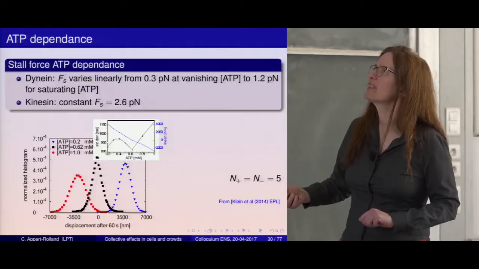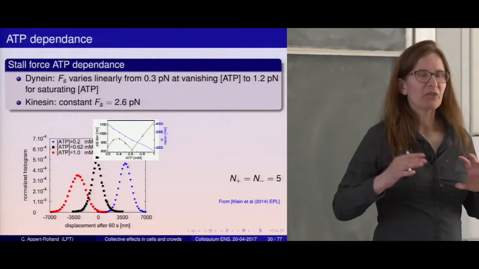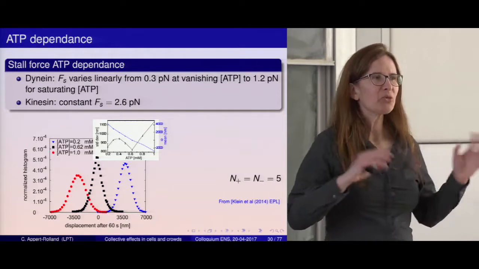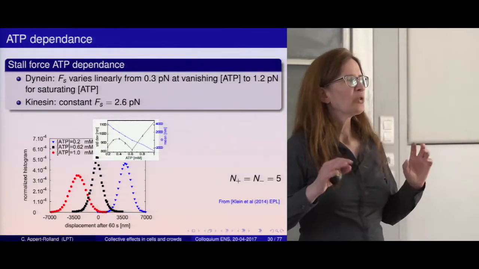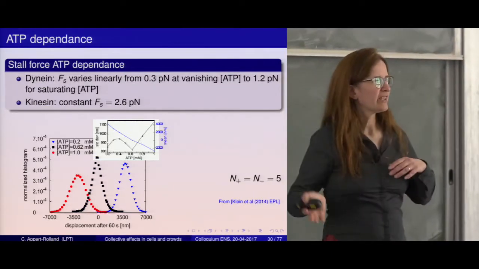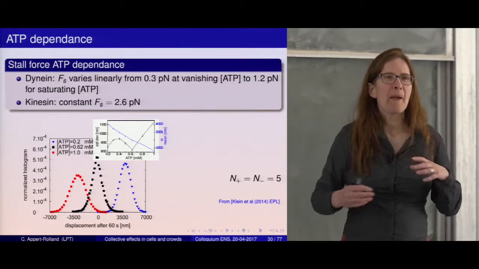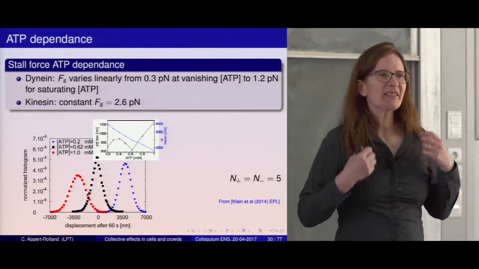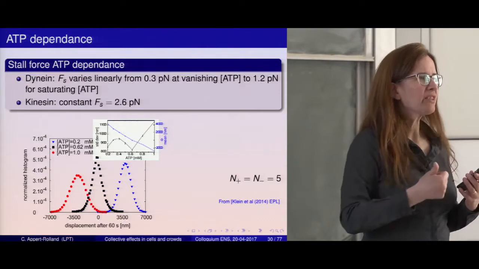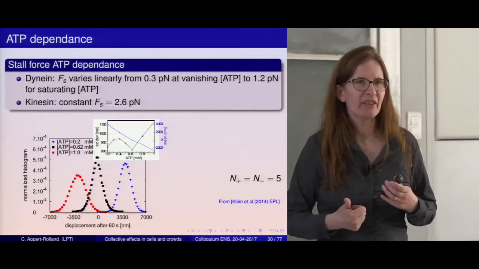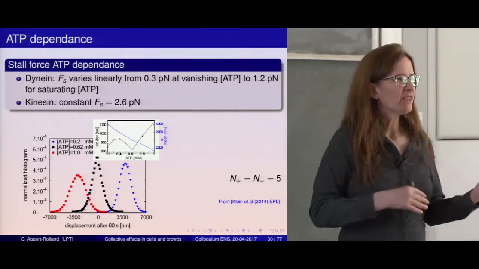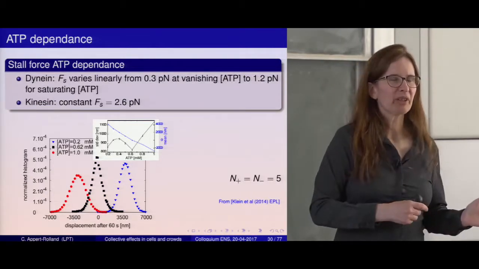Something even more interesting is that, as I said, the two teams are different. They do not react in the same way to a change in the force or in the ATP concentration. And this is very important. It means that just by changing one external parameter, you can give the lead to one or the other team.